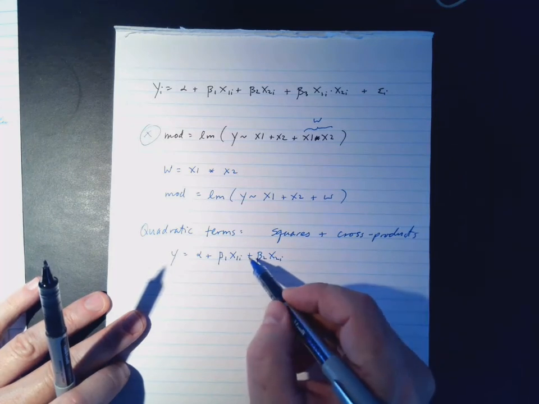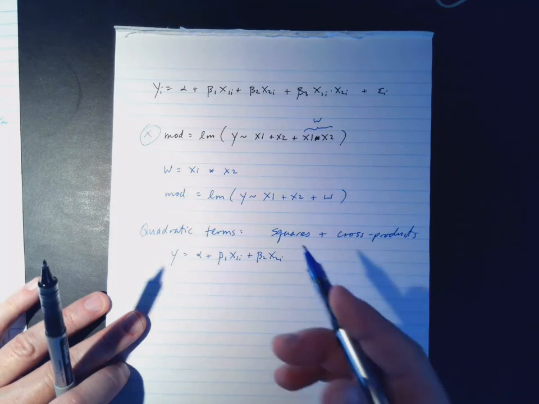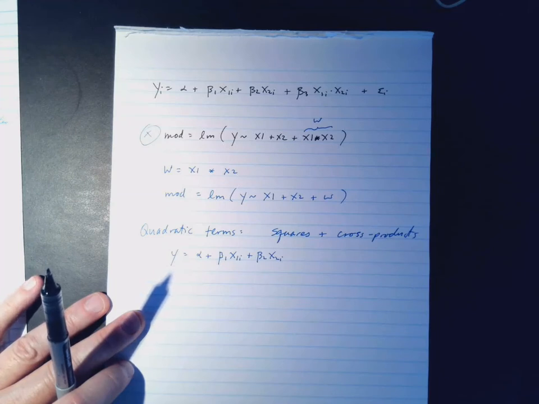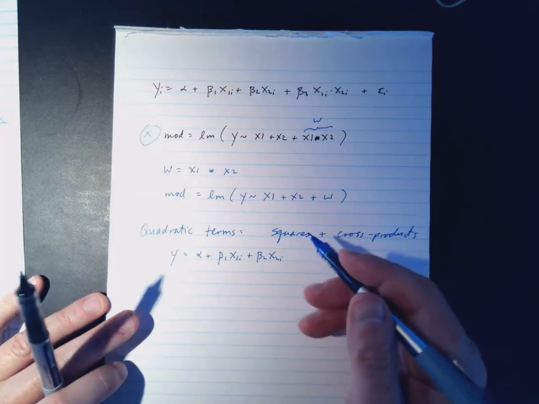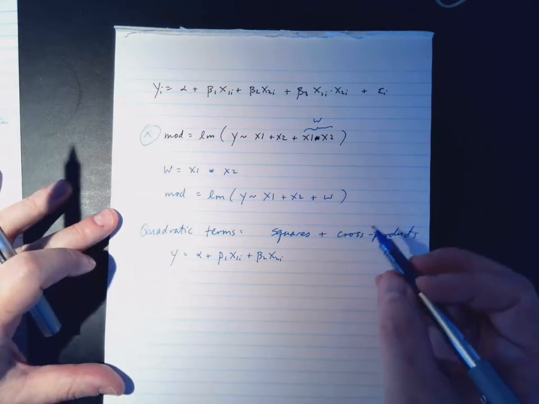And what we're thinking is, well, it makes sense that the value of the house goes up as floor space goes up, but it might not go up linearly. It might be that once a house gets to a certain size, the price effect begins to level off. And if that's the case, then we want to allow for a nonlinear relationship.